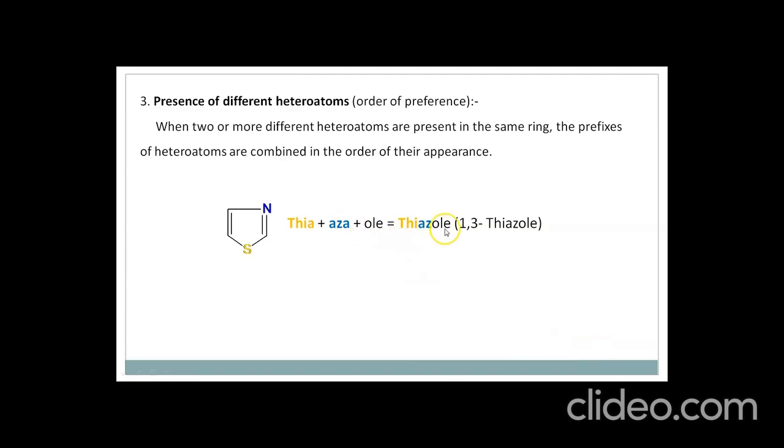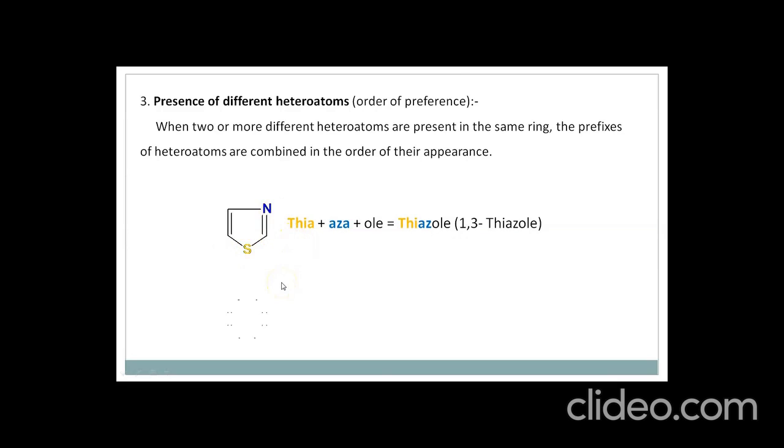Here we drop this A letter, and also this A letter we drop, because both start with a vowel. So the name is thiazole, and as we give the preference to sulfur, it has number 1. So 1, 2, 3. This point we discuss later on.